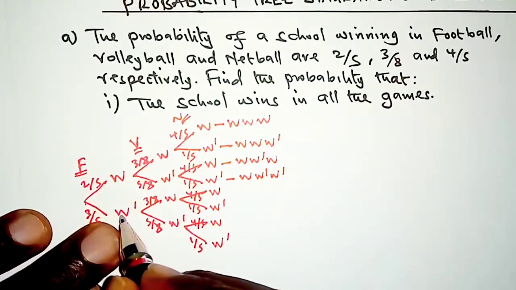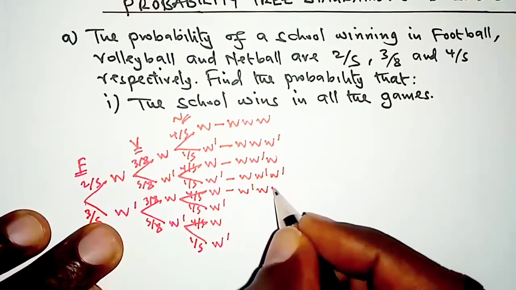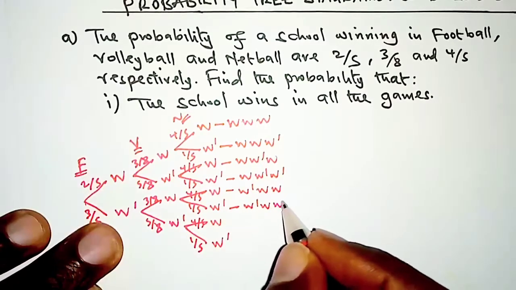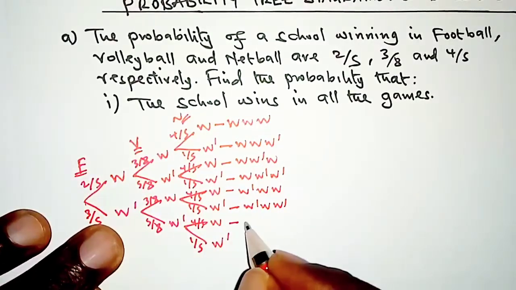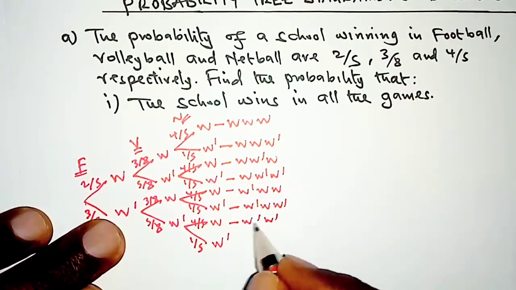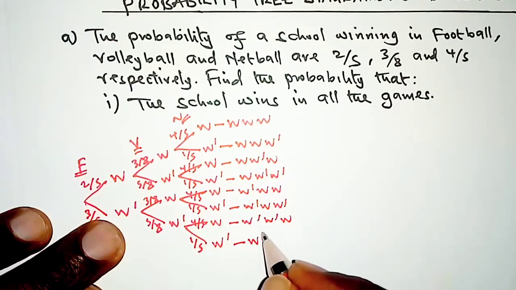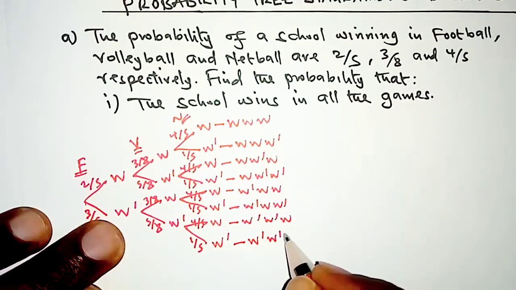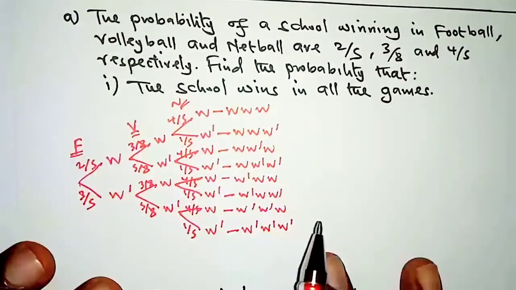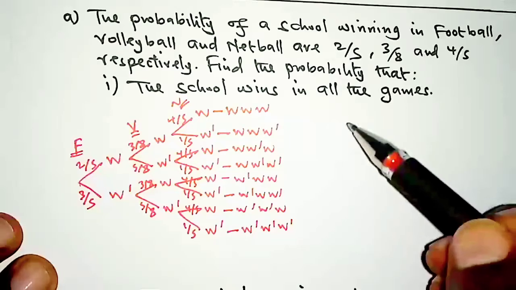Then next we have a loss, a win, and a win. Then a loss, a win, and a loss. Then a loss, a loss, and a win. And finally, we have a loss, a loss, and a loss in all the 3 games. So with this, we can therefore answer the questions that follow.